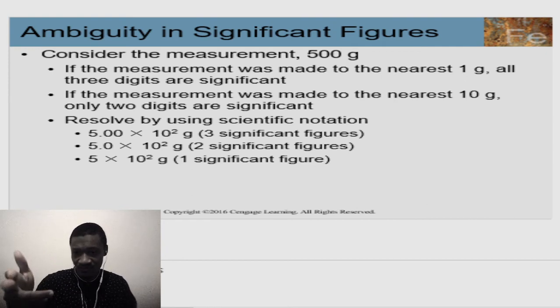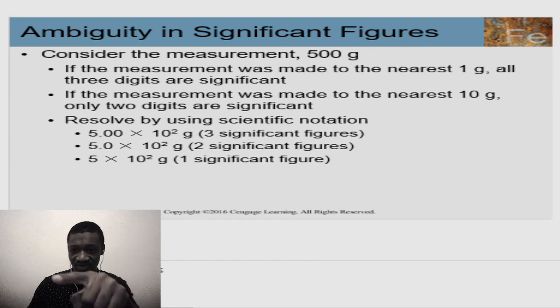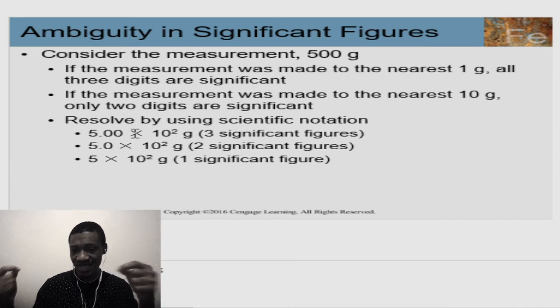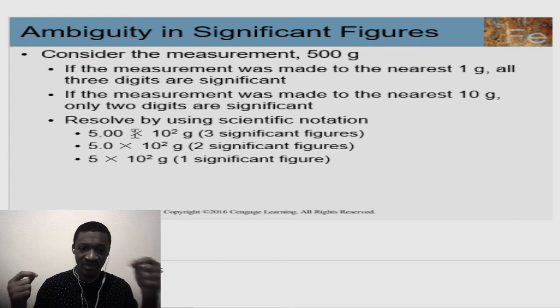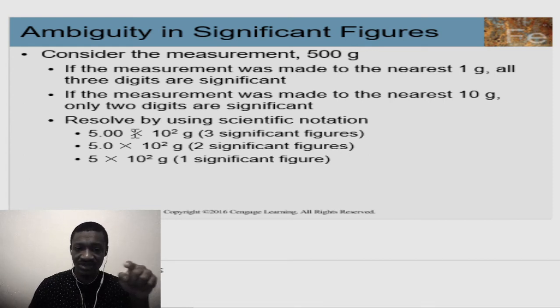Look at what we have in the next bit, where we have 5.00. Notice that's to the nearest 1 gram, but when you use the exponential notation we discussed previously, you discover that it's 3 significant figures, and times 10 to the power 2 ensures that if you round it off, you still have 500 grams.